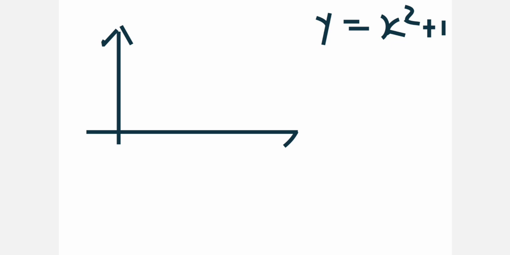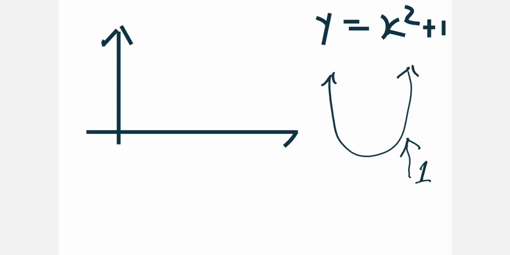X squared plus 1 is x squared, the parabola, plus 1. So we take the parabola here, and then we have to move it up by 1 as we're plussing 1.